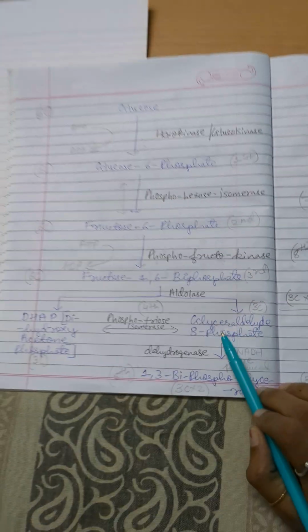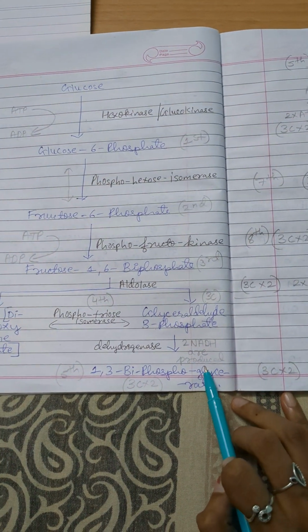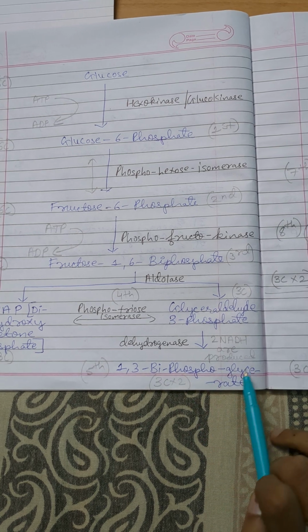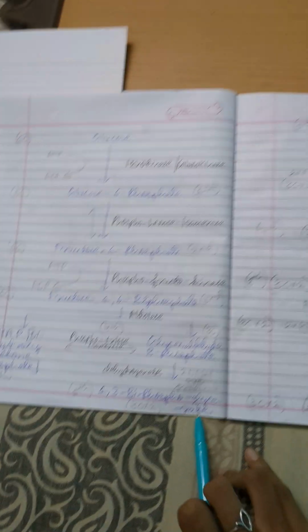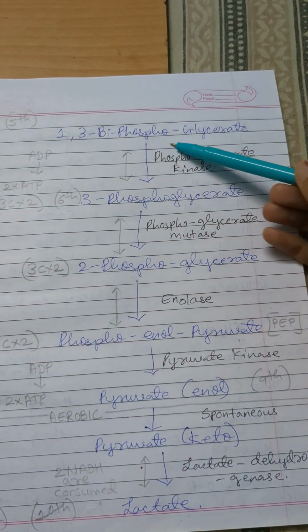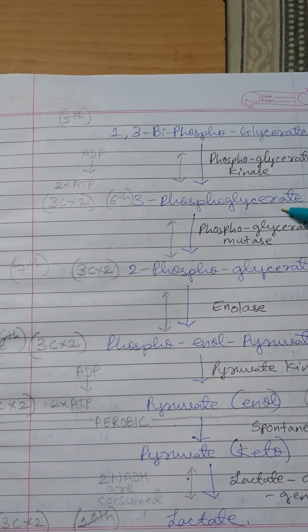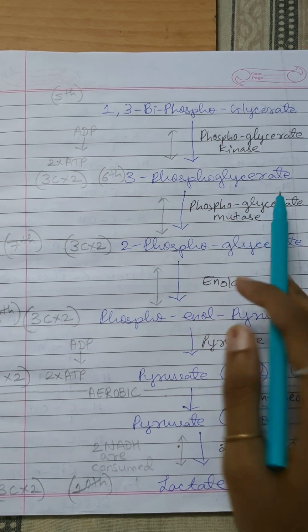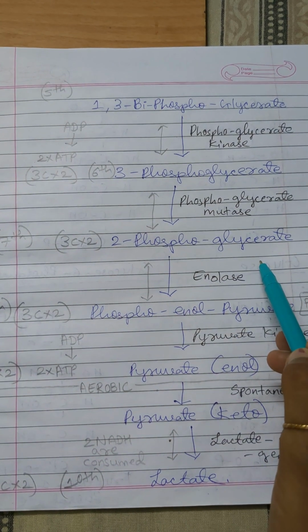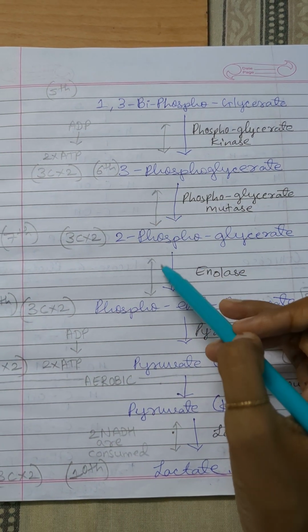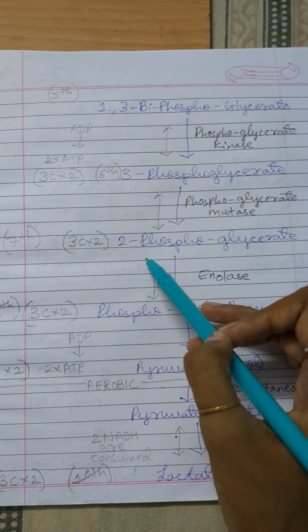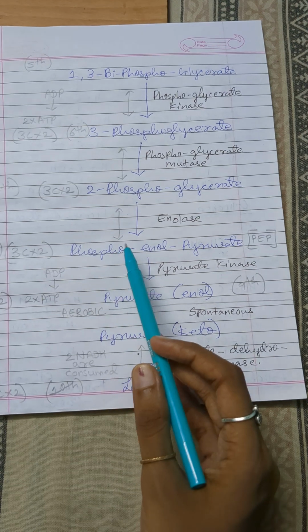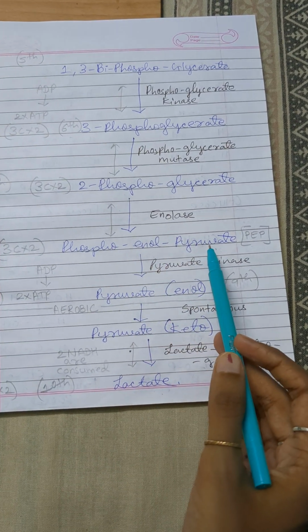Next, glyceraldehyde 3-phosphate is further converted to 1,3-biphosphoglycerate. Then 1,3-biphosphoglycerate is converted to 3-phosphoglycerate. 3-phosphoglycerate is converted to 2-phosphoglycerate, just a change in the position of the phosphate group from position 3 to position 2. 2-phosphoglycerate is then converted to phosphoenol pyruvate, PEP.